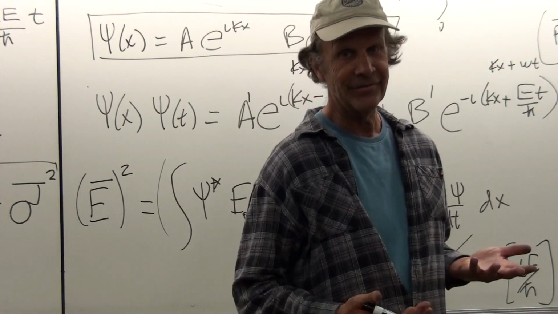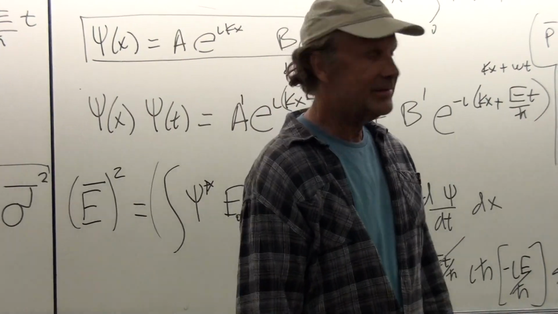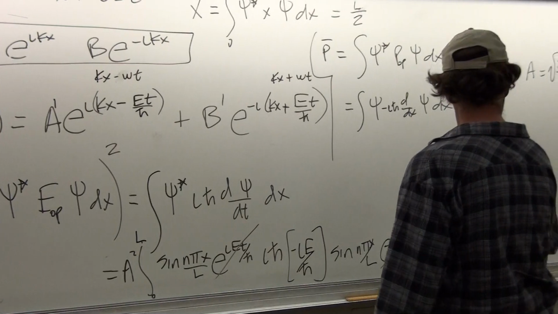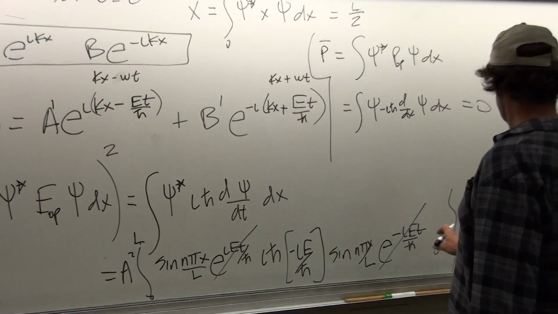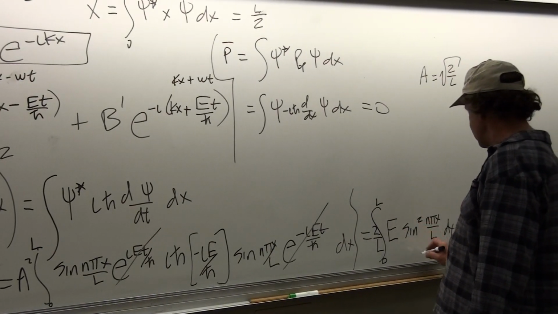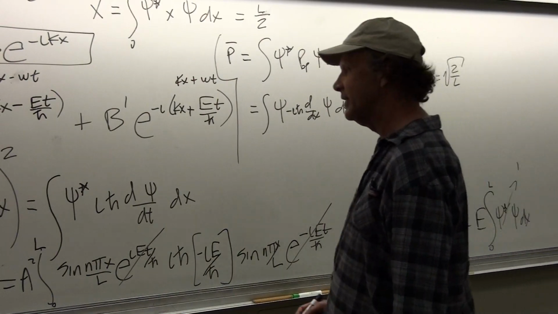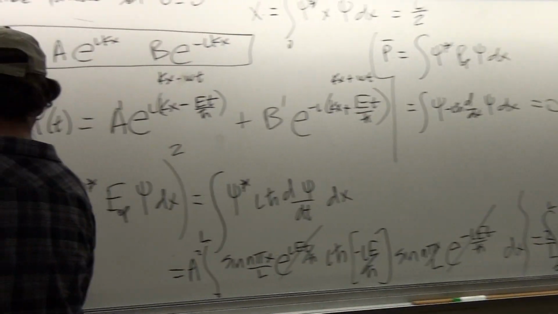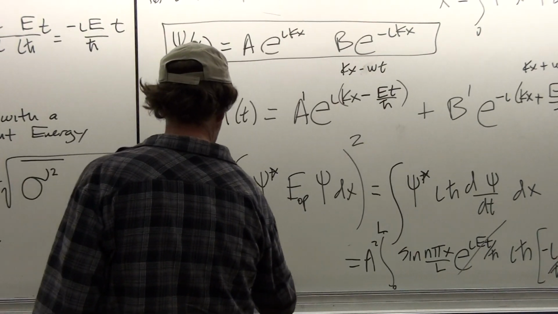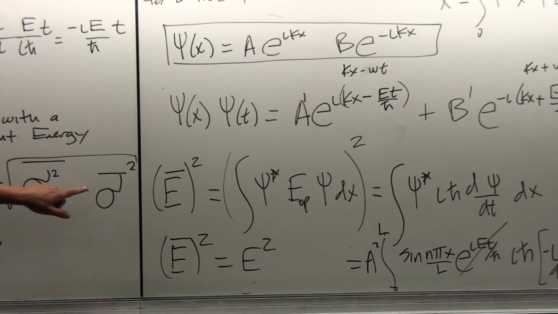It's never anything different from that. So the average value for E has to be E, because it's that way forever. That may seem like kind of an obvious thing, but when we write it this way, this integrates out to L over 2, this is 2 over L. So all we're left with then is just E. So the average value of E squared is just equal to E squared. Okay, so that's this one.